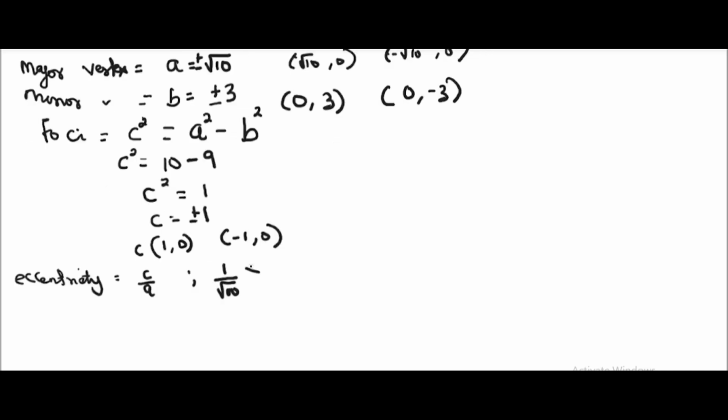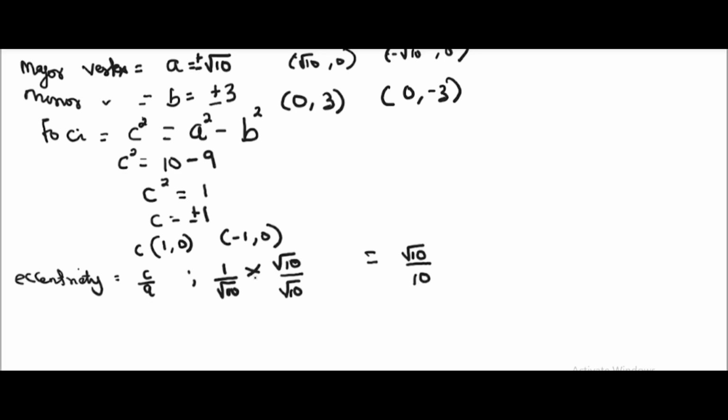I don't want to press the calculator. So we have root 10 times root 10 and that will give us root 10 over 10. So I'm going to leave it like this. But if you wish to write it in decimal form, go ahead and find the square root of 10 and then divide by 10.